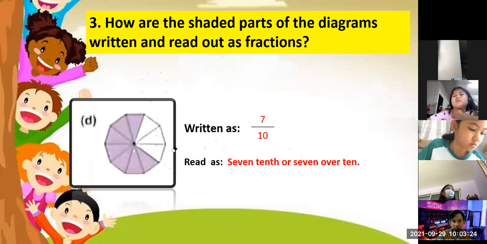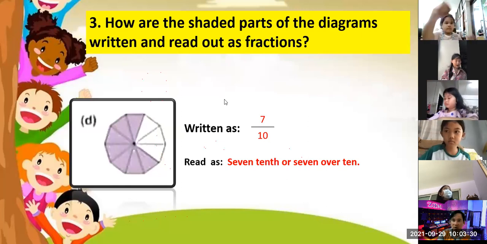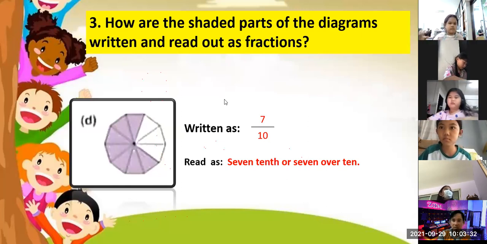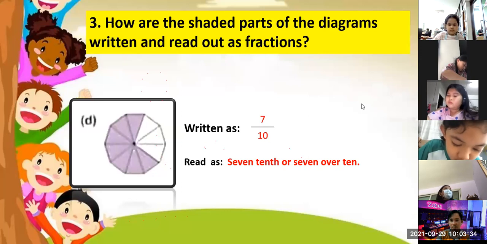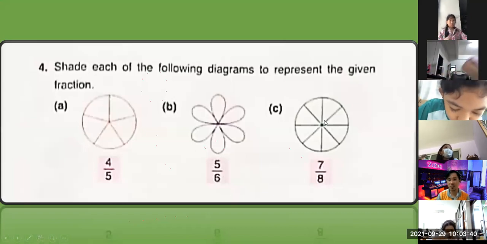Pencils up, everybody. Okay, thank you. Number 4. Answer number 4. In number 4, you have to shade each of the following diagrams to represent the given fraction. This one is 4/5. Shade 4/5.